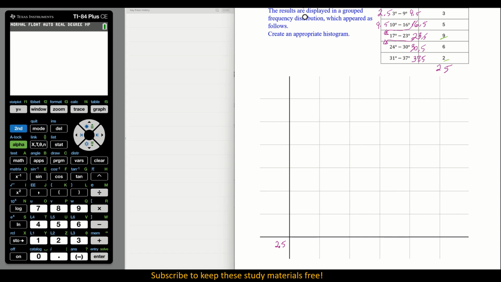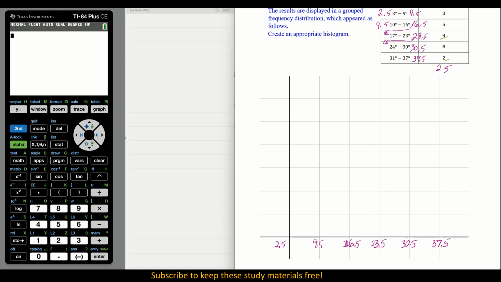We have 3, then 4, 5, 6, 7, 8, 9. Yes, there's 6. And then you add one more on, which are your halves. So we need to go to 9.5 and then 16.5. And then our next one would be 23.5 and then 30.5. And then we can end with 37.5.